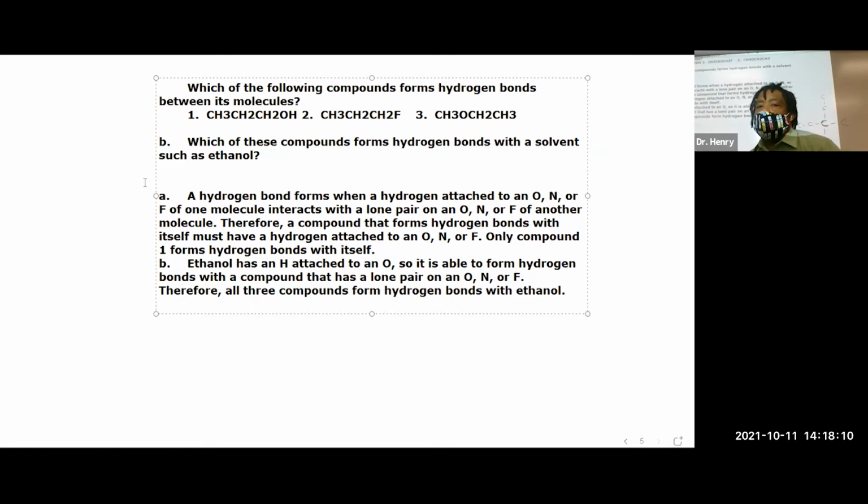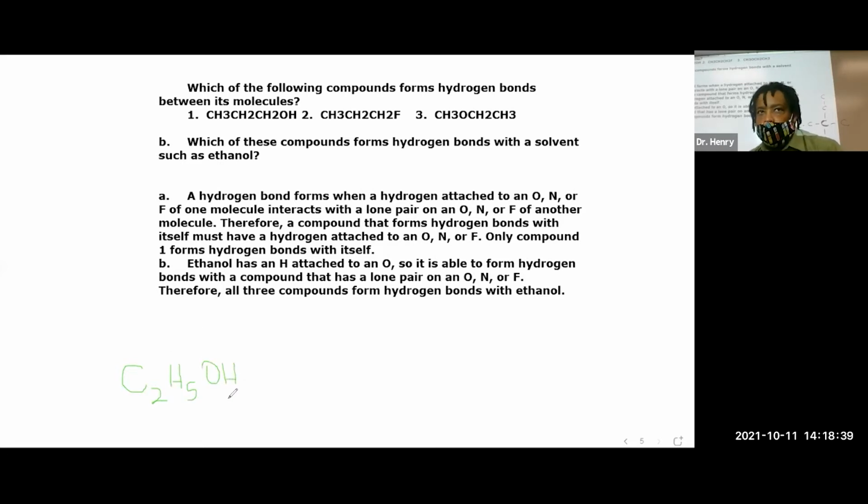Okay, so what does ethanol look like? What is the chemical formula for ethanol? Yes, they all would. Okay, but what does ethanol look like? So it's an ethyl group, so it's CH3CH2OH, or C2H5OH.